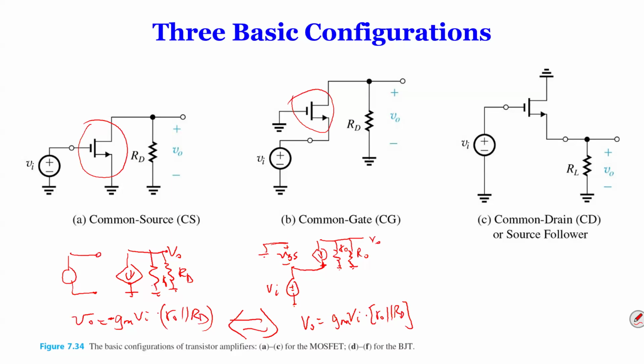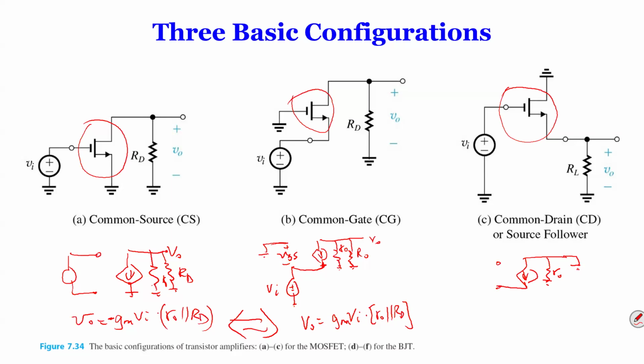All right. So for the last one, I'm also going to use the pi model, just to show you guys how this is going to change. So the pi model starts with this, and you have RO, but you have this one grounded. So the drain is grounded.